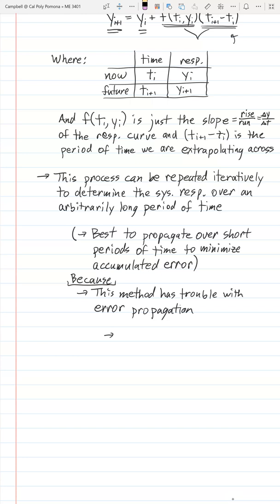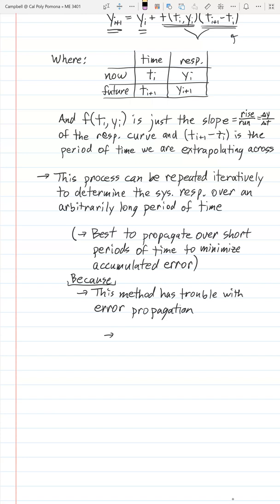One method is called Heun's method, and what Heun's method does is it propagates forward, just like Euler's method, to the end of the time step. But instead of using that value, Heun's method then uses that point to calculate an estimated slope at the end of that time interval.